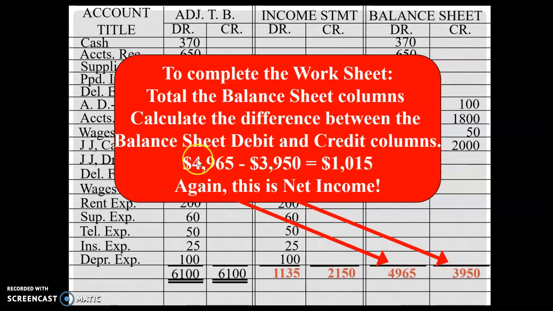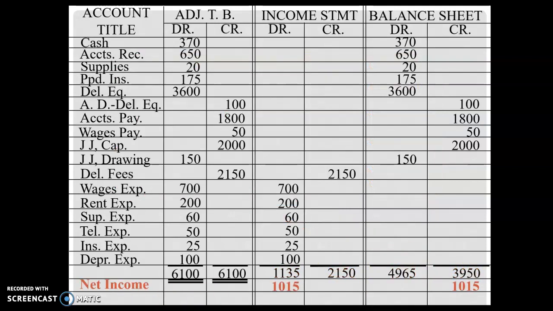So we take the big number, $49.65, minus the smaller number, $39.50. And that difference is $10.15. Again, this is net income. Okay. We're going to put the $10.15 under the smaller number, so that's the $39.50.